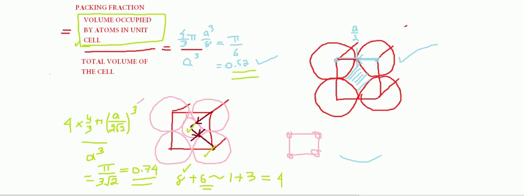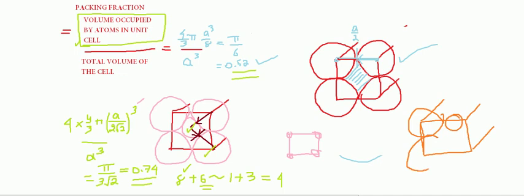How about body centered? Yes, let us calculate. So body centered. Let us look at the front view. So body centered is this, and the cube has an atom here and other big atoms are here. Okay, I'm drawing a rough diagram.